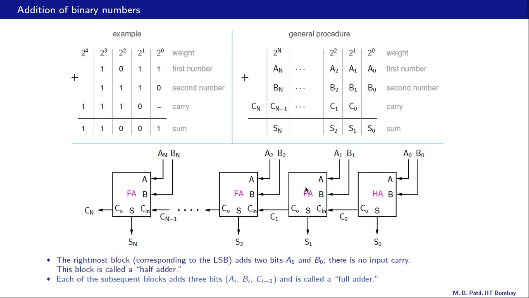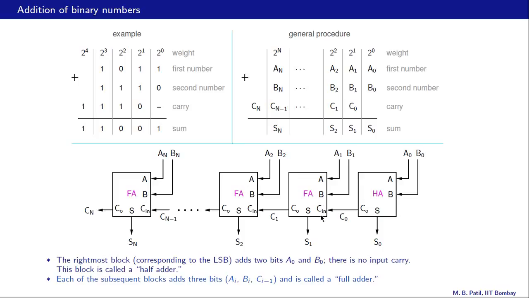What about this full adder? Let us take this as an example. So we have two bits coming from the two numbers. We have a carry in coming from the previous stage, and as output this full adder must produce a sum bit and a carry out bit. So that is what we see over here. These are the two bits coming from the numbers.